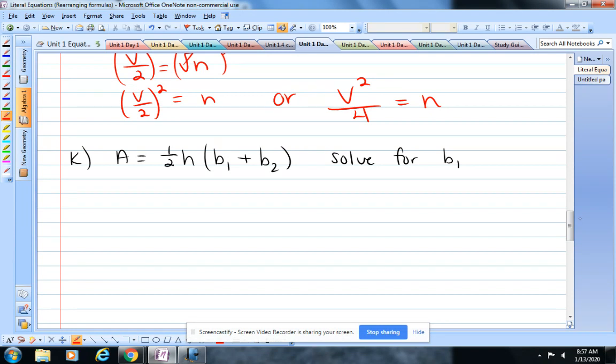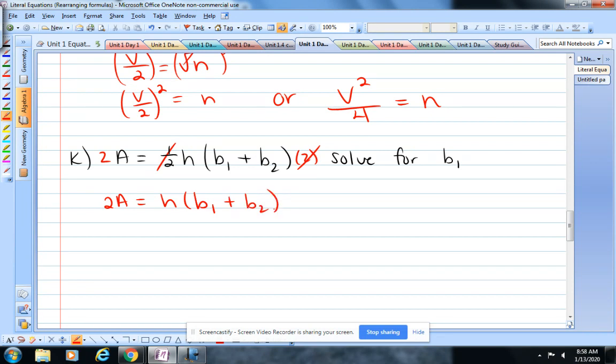How do I get rid of half? Multiply by the reciprocal, which is what? 2. So I'm going to multiply both sides by 2. So 1/2 and 2 cancel. So that leaves me with 2a equals h times b1 plus b2.